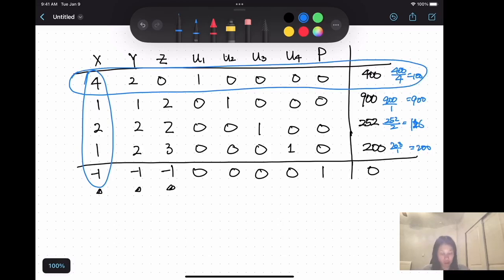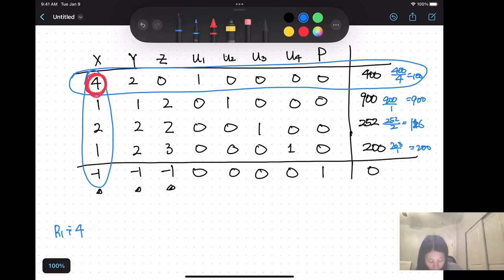Okay, so now we have our pivot column, and this is our pivot element, the pivot point. What we want to do is make this become positive 1, right? So for the first row, I want every element divided by 4.